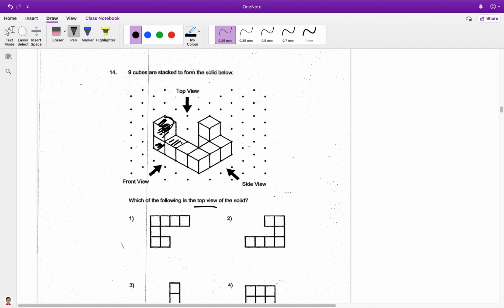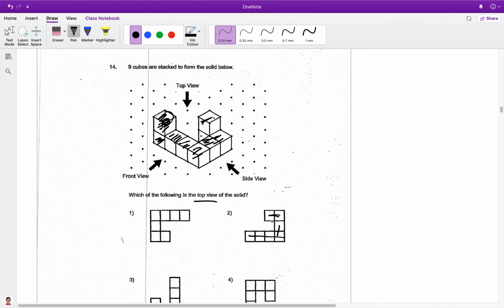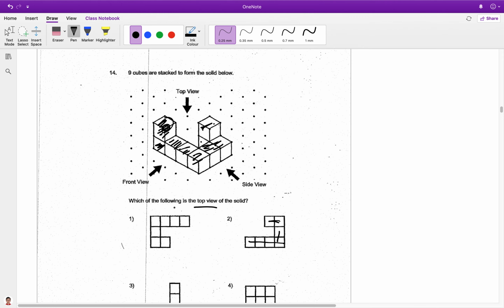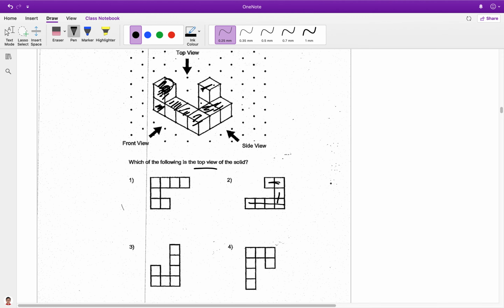This one have, this one have, this one have, and for this one, this one will cover this one. So what we see here is 4, 1, and 2. So it's exactly this one. So we need to know which cubes will be blocked by others. So this is the answer.